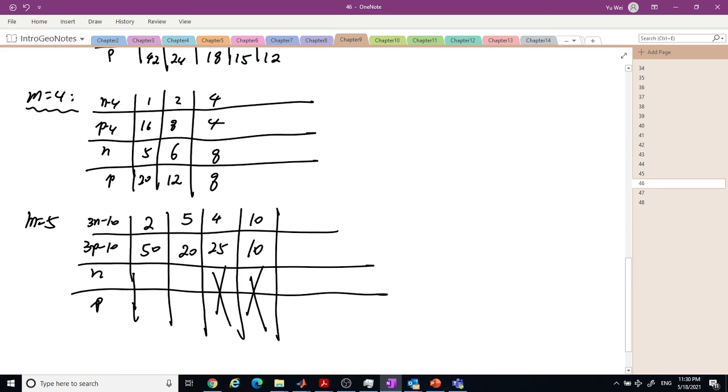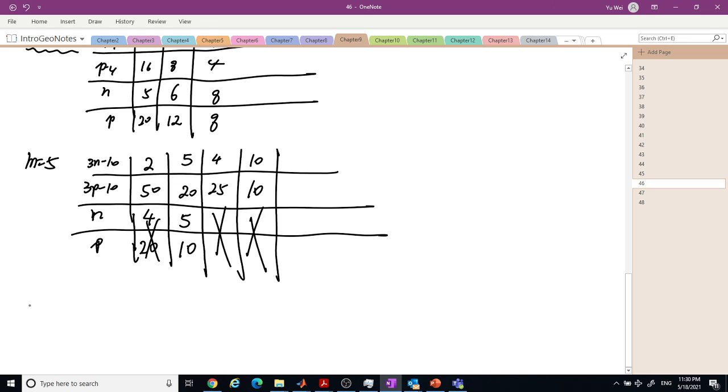So this one is n is 4 and p is 20, but we need n greater or equal than 5, so this one doesn't work. And this one is 15 and 5, yes, it works. Then this one is 30 divided by 3 is 10. So this is a valid answer.